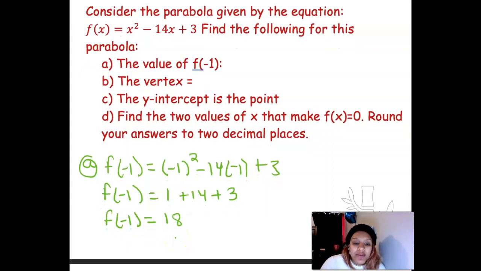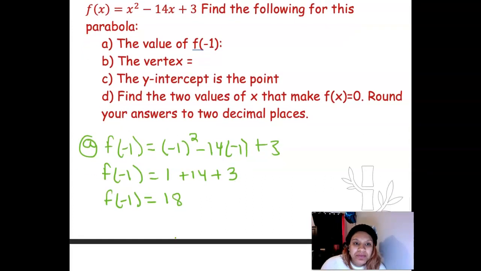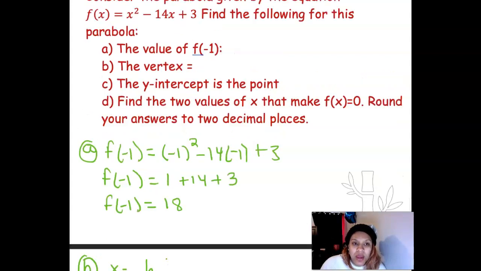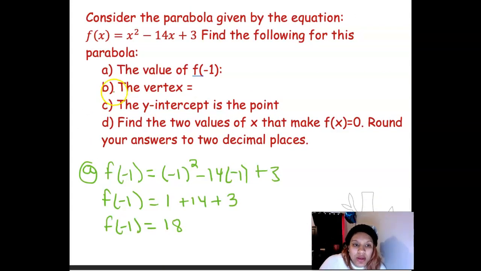So part B says find the vertex. Whenever you're looking for the vertex of a parabola, you want to use this formula to first find the x value of the vertex. Remember the standard form of a quadratic.